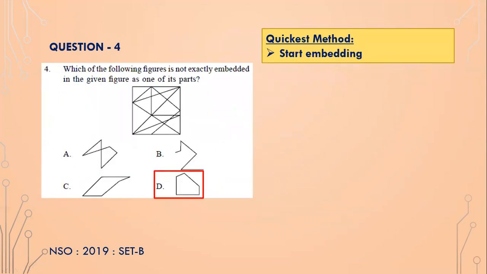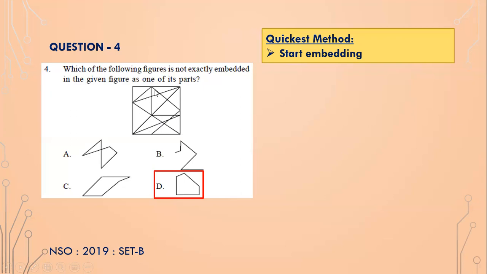Which of the following figures is not exactly embedded in the given figure as one of its parts? Now this figure A is embedded. You look at this triangle and this portion. You look at this part, and this Z. Where is the Z part?